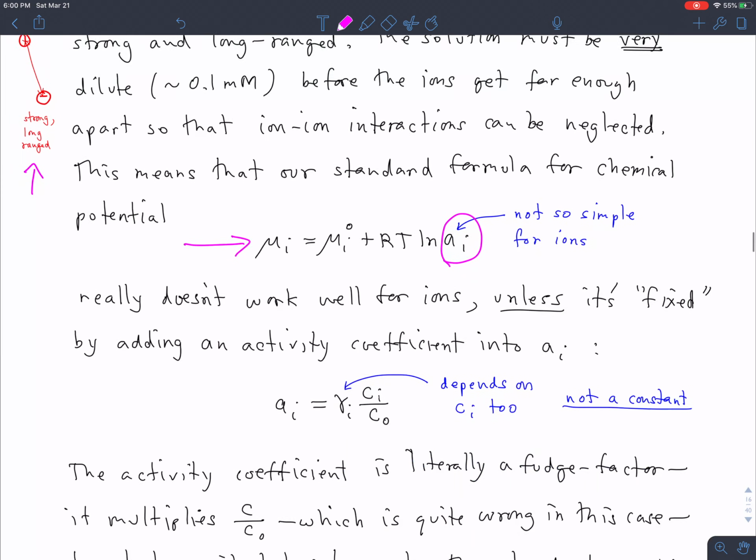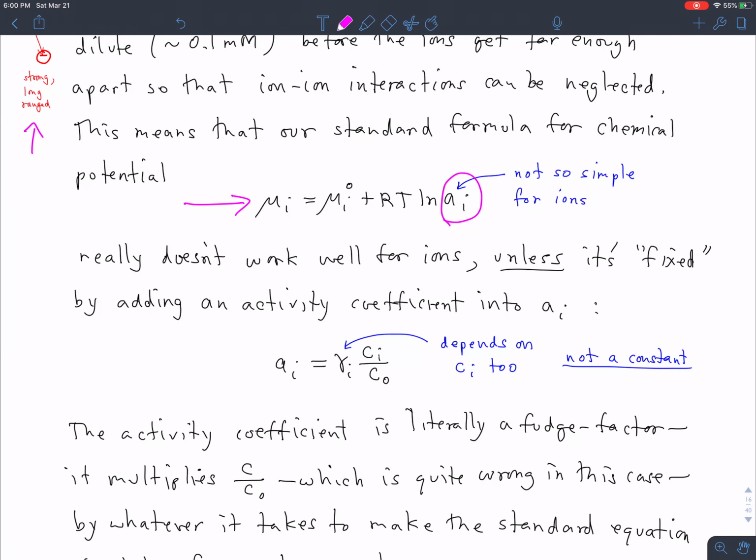We have to correct for the fact that it's not just concentration, and that's what this whole section is going to be about. So nominally, we're going to correct by saying that the activity is concentration divided by the standard state concentration, of course, but then also multiplied by this fudge factor that I've talked about before, the activity coefficient. Oftentimes those activity coefficients in other kinds of situations really are just constants.